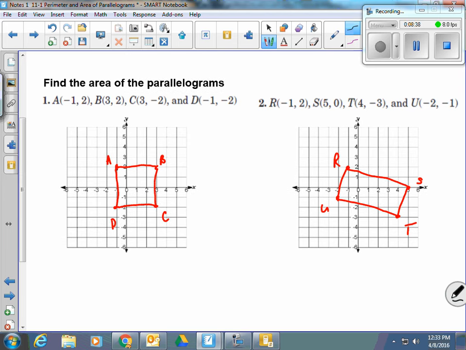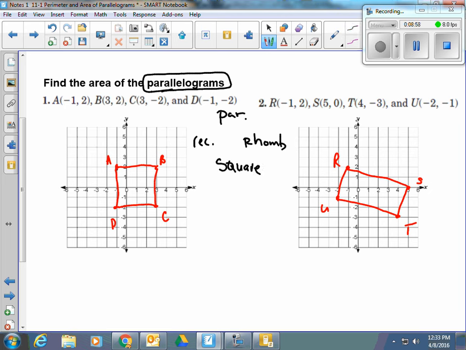Same thing here, it says find the area of a parallelogram. But wait a minute, Ms. Ramsey, this is not a parallelogram, or is it? Remember, we had a parallelogram, we had a rectangle, we had a rhombus, and then we had a square. And we talked about it, that if I go up, the answer is yes, a square is a parallelogram.